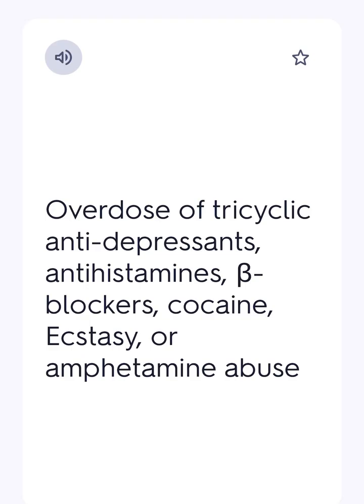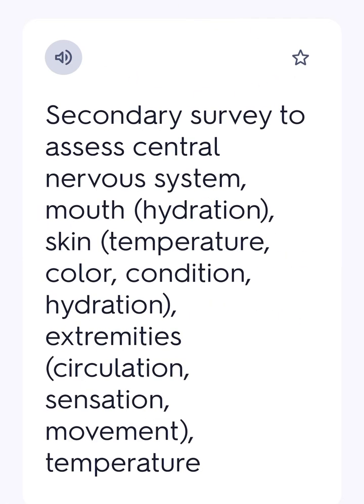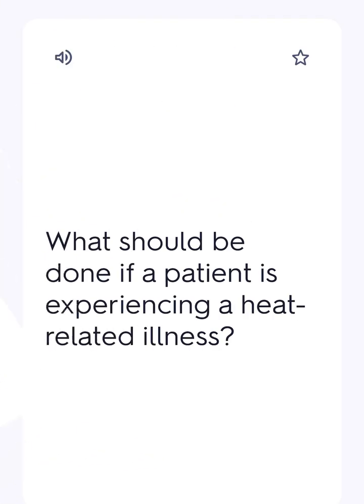Overdose of tricyclic antidepressants, antihistamines, beta blockers, cocaine, ecstasy, or amphetamine abuse. What assessments should be performed for a patient experiencing a heat-related illness? Secondary survey to assess central nervous system, mouth, skin, extremities, temperature.